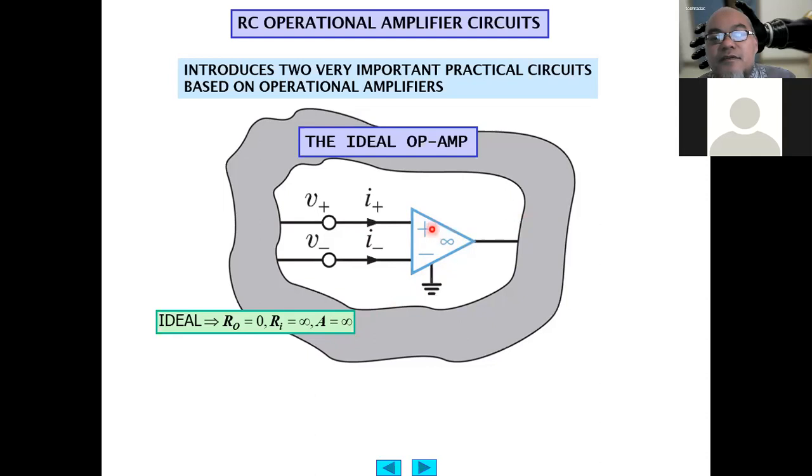If the input impedance is infinity, basically V plus equals V minus, and there is no current: I plus equals I minus equals 0. This is the ideal op-amp approximation. If you forgot about this, please refer back to the semester 1 discussion.